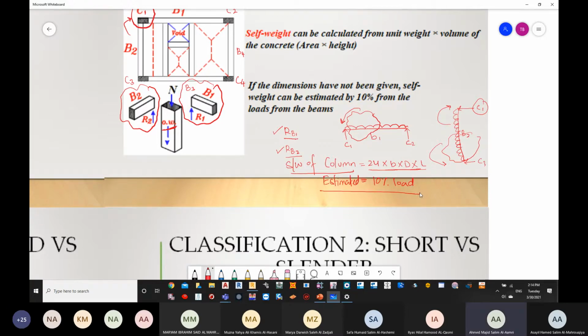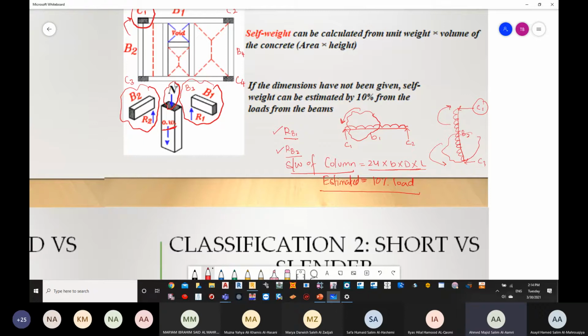Okay. So once again, the column takes all the reactions from the different beams. If you have 2 beams, you will have 2 reactions plus the self weight. That's going to be the value of your N on the column. Now once again, how to calculate the self weight?